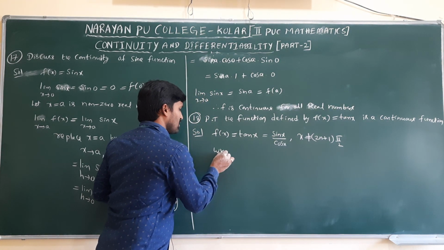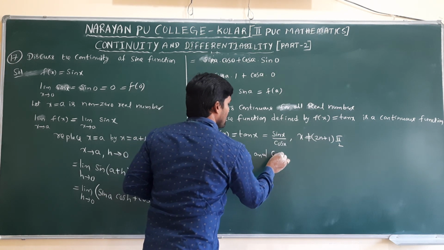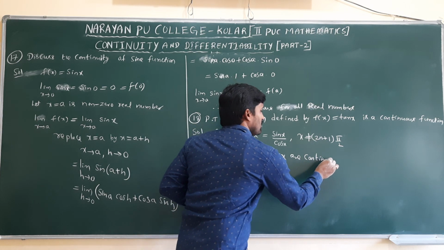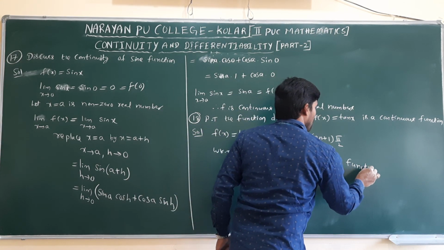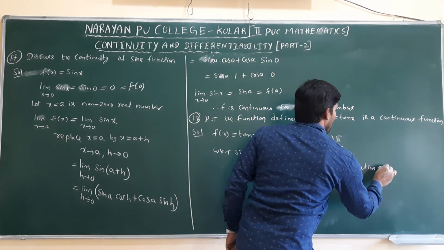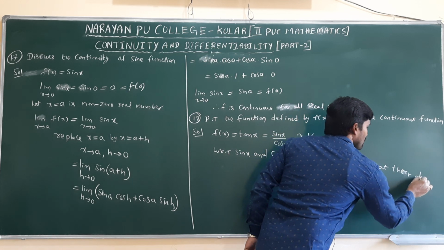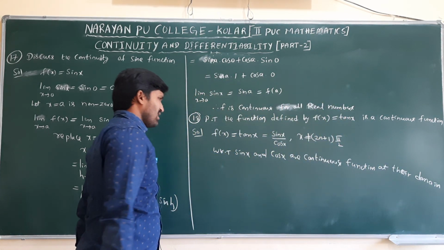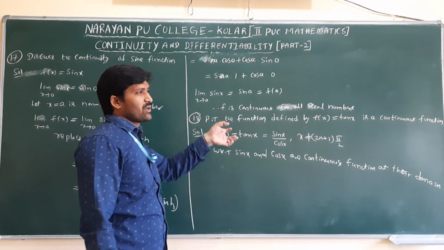We know that sin x and cos x are continuous functions in their domain. The domain of sin and cos is generally all real numbers, and they are continuous on all real numbers.